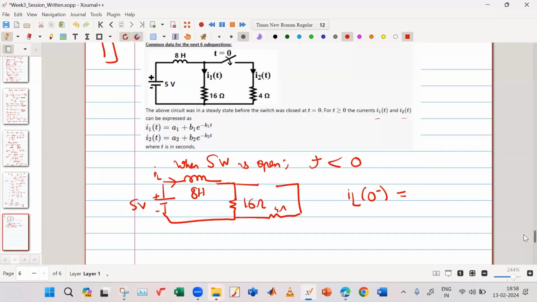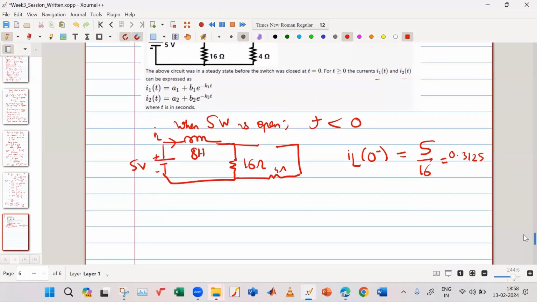V by R, 5 by 16. It will be 0.3125 ampere.